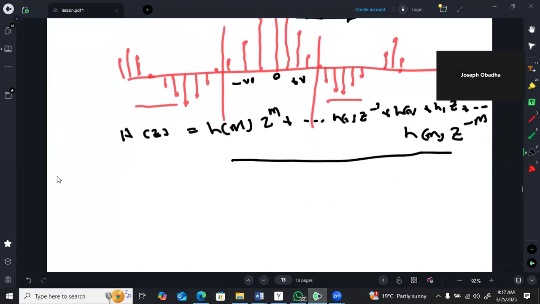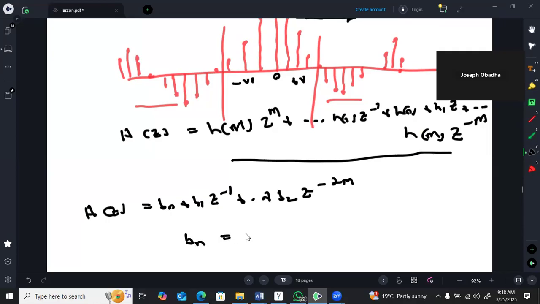We want a shift so that our H of z is in the form of b_0 plus b_1 z^-1 plus b_2 z^-2 up to z^-2m, where we create a delay operation given by b_n being given by h(n minus m), which is just a shift that I was describing before. So we'll see this with the help of an example on how we can design this filter.